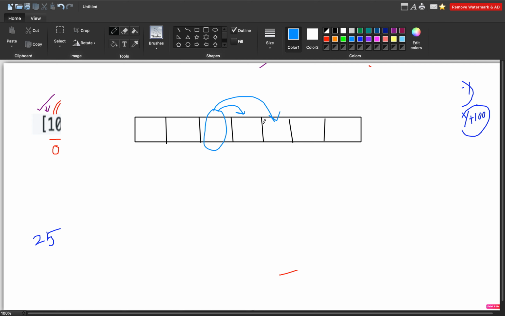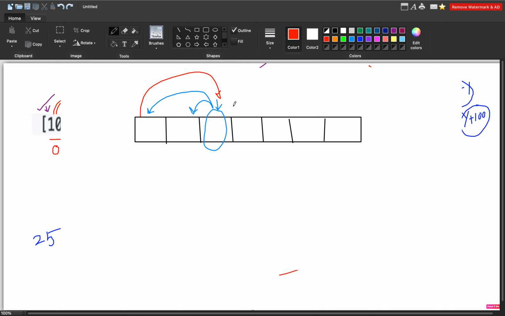But if we think in a backward approach, like how can we reach this particular index, we can reach it from here and here. Like it is the case when this person will jump to here and this person will jump to here.